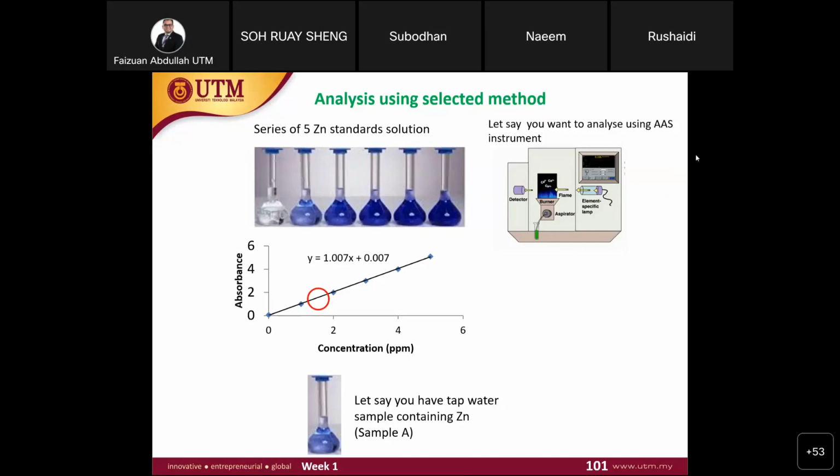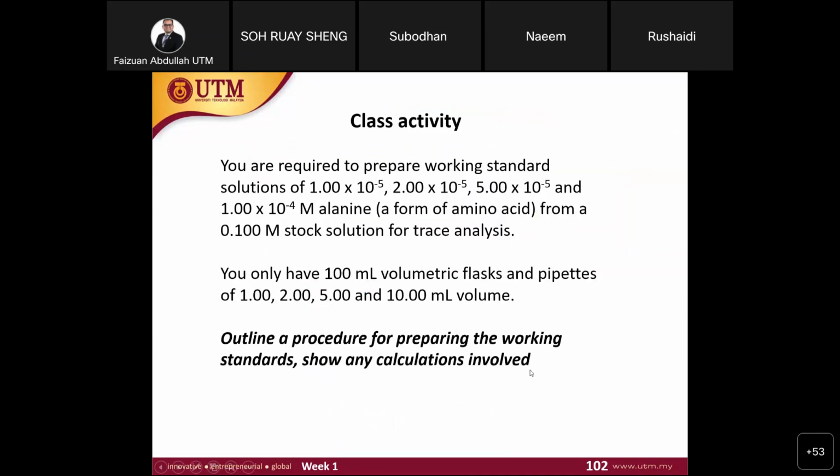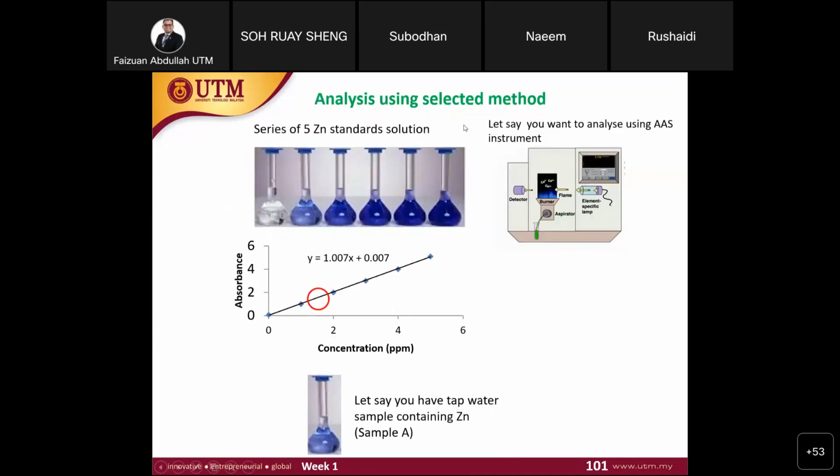Okay, class, got it? Any question about it? Especially on the calibration solution. This is where you need to do M1, V1, M2, V2. This is the application of M1, V1, M2, V2. Understood, class?